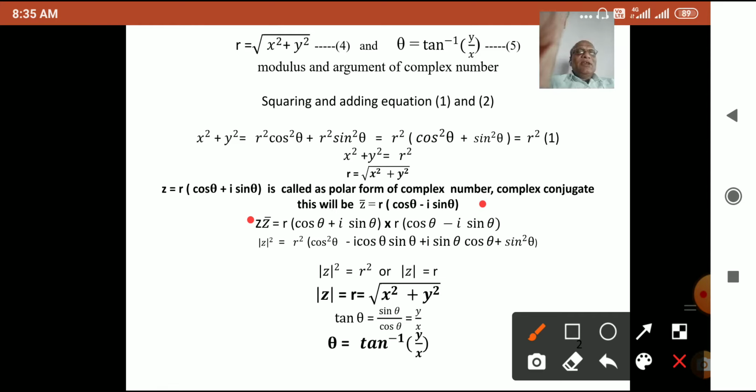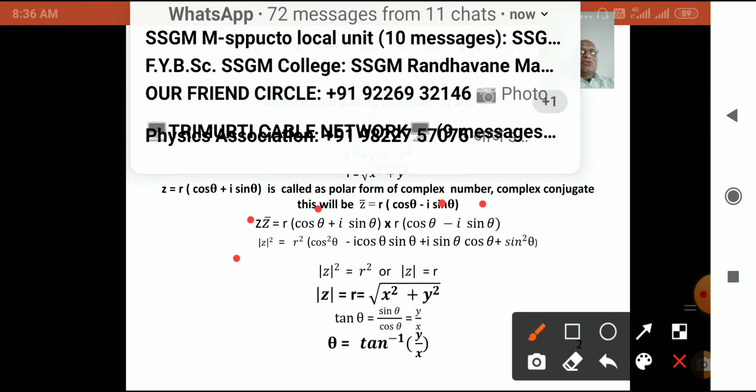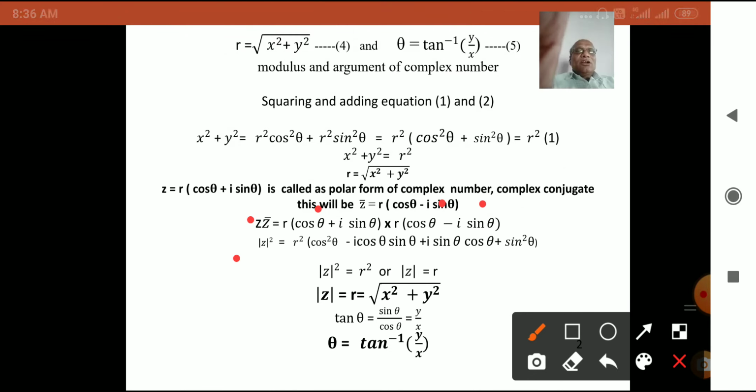Now the value of z̄ is r(cos θ − i sin θ). After simplification of this bracket, we write z z̄ as |z|² = r² into bracket, there are 4 terms. cos into cos, so cos²θ; then cos into −i sin θ, so this is −i cos θ sin θ, this is the second term.